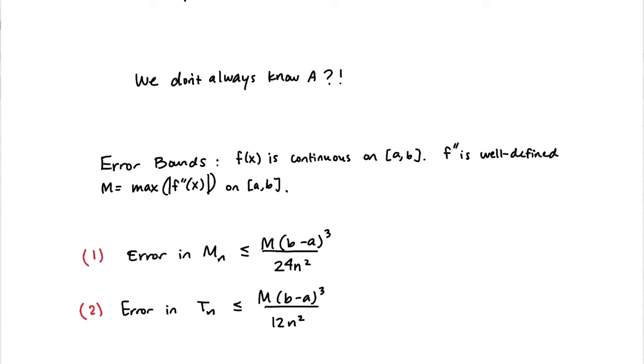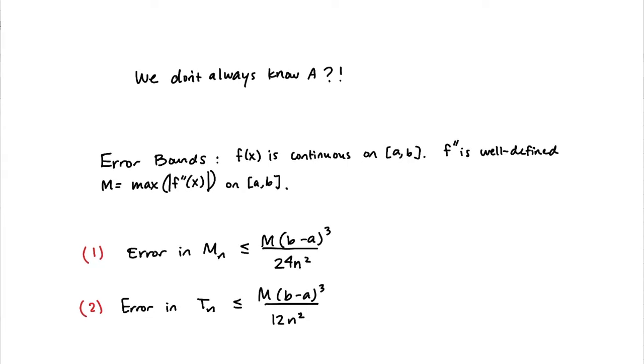Same thing for the error in the trapezoid rule. You take the maximum times b minus a cubed over 12n squared, where n is your number of subintervals. And Simpson's. Let's add in Simpson's.